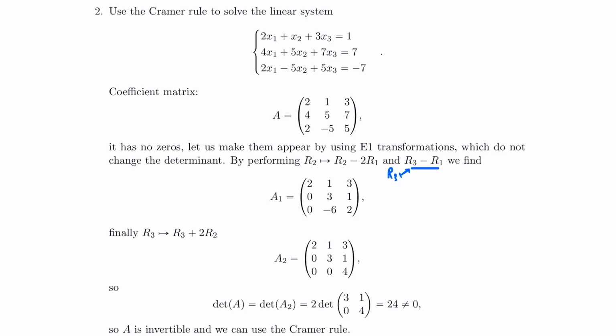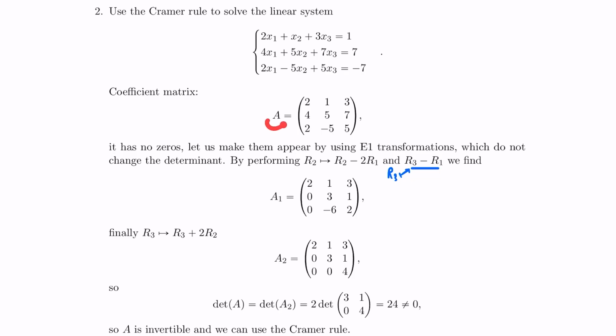So you see that if you apply this E1 transformation on the second row and this E1 transformation on the third row, you get this matrix A1 here, which has the same determinant as A. Finally, by applying this E1 transformation, we obtain a matrix A2, which is reduced by rows.